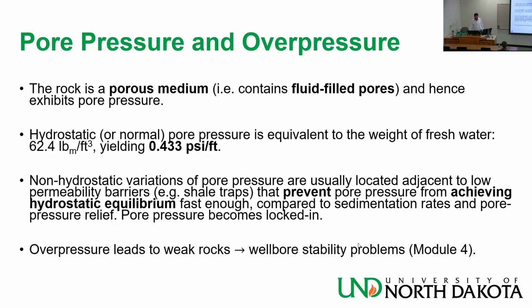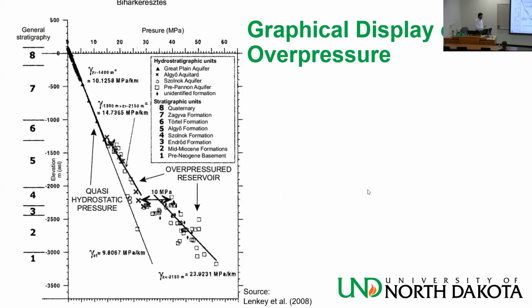We talked about hydrostatic equilibrium. And then we talked about how we compare the pore pressure in a rock versus the freshwater density. It's not hypothetical, it's actual freshwater density. If I'm above, I'm abnormally pressured, right?